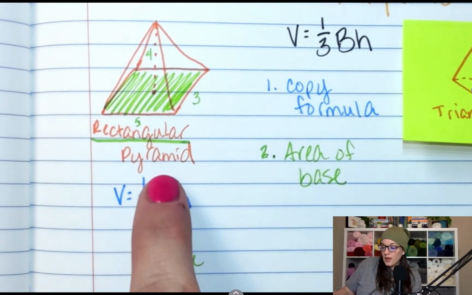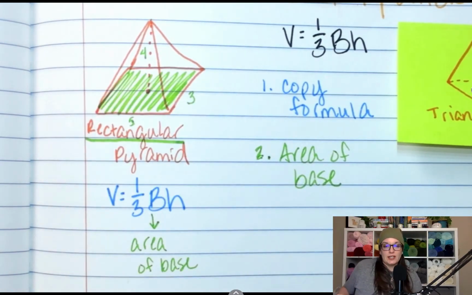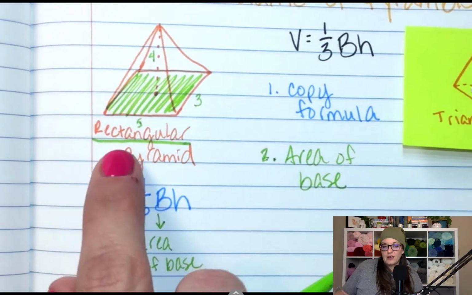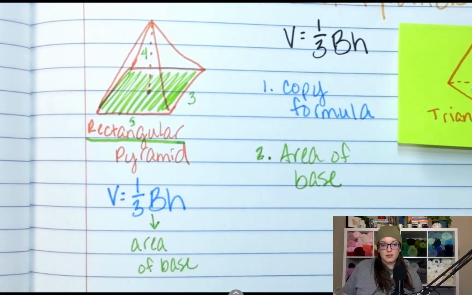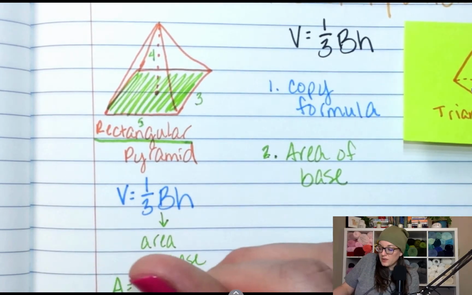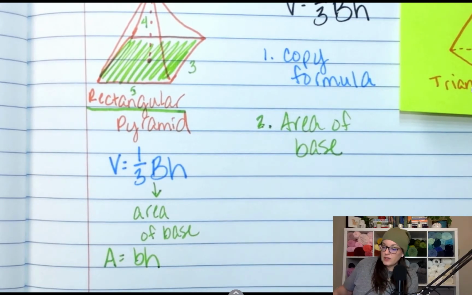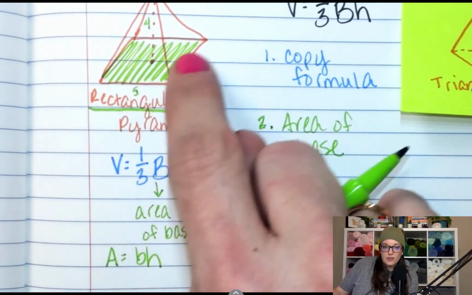So, area of the base. Which formula do I need to use to find the area of this base? A equals bh, lowercase bh. I know this gets confusing. So what is the area of this rectangle down here?